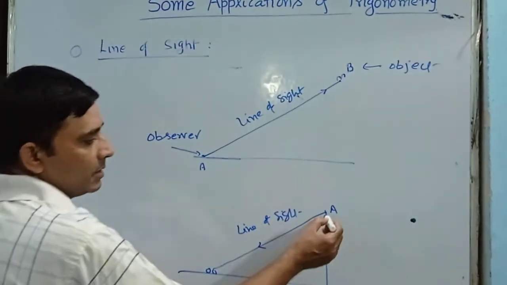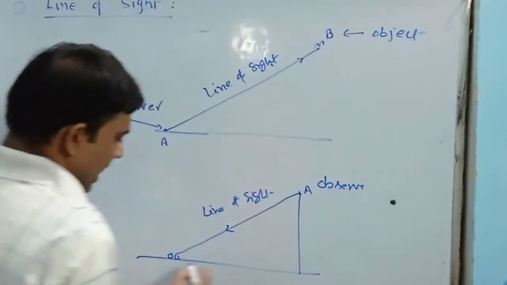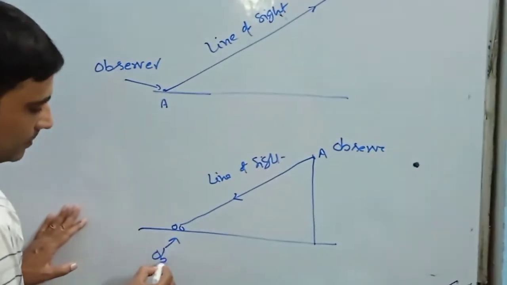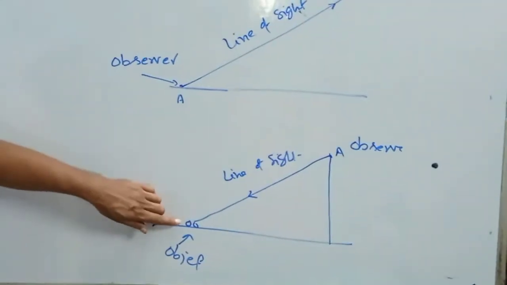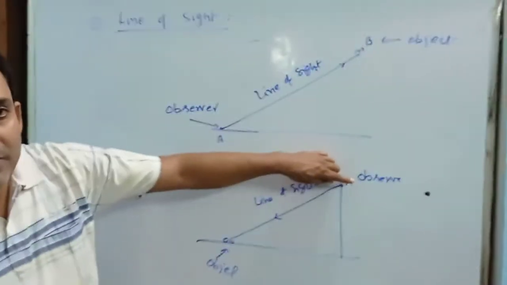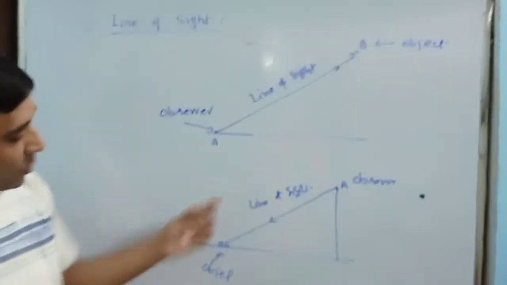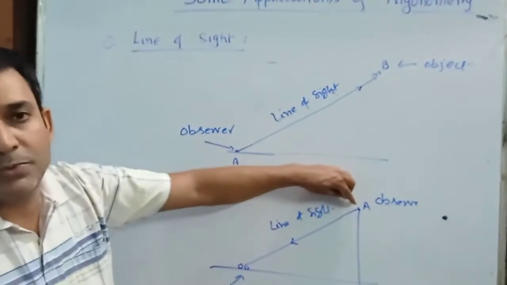At this time this man is observer and this car is object. And suppose a person who is inside this car is also looking at this person, it depends upon context. Then you can take this person as observer and this person as object.